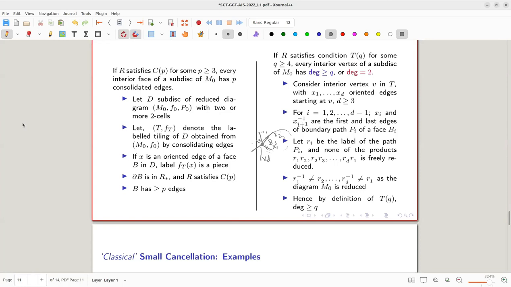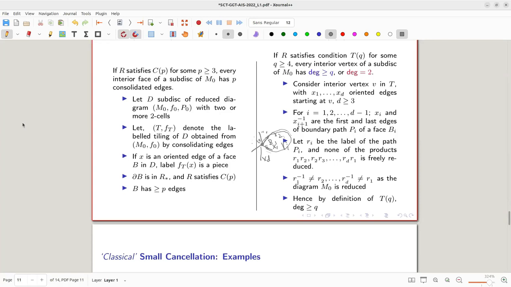So this is the face b1, the first and last edges of the boundary path pi. Let Ri be the label of the path pi. So Ri is the label of this path, so b1 is the face, and its label you call Ri.